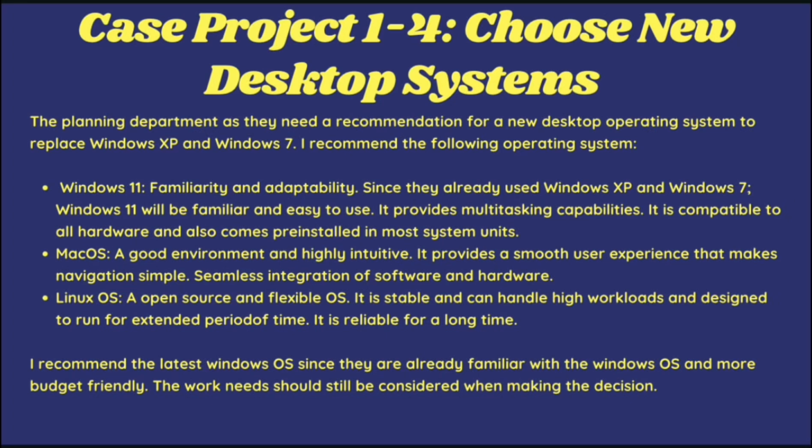It provides a smooth user experience that makes navigation simple. Linux OS, an open source and flexible OS. I recommend the latest Windows OS since they are already familiar with Windows and it is more budget friendly. The work needs should still be considered when making the decision.